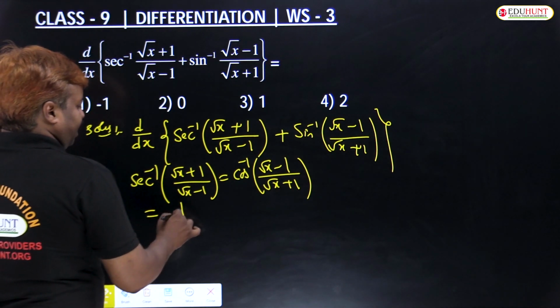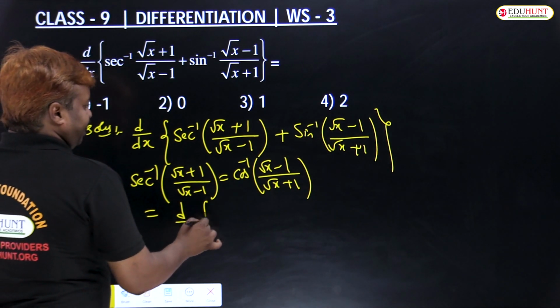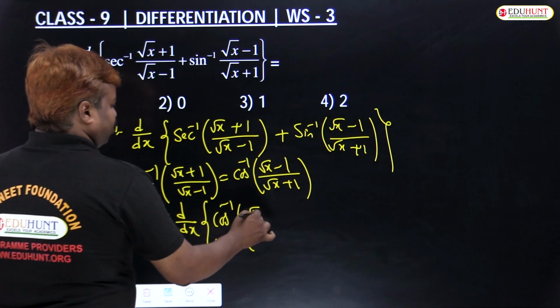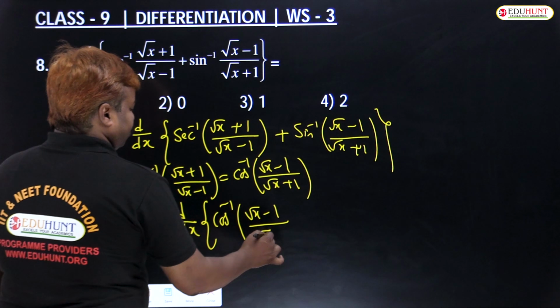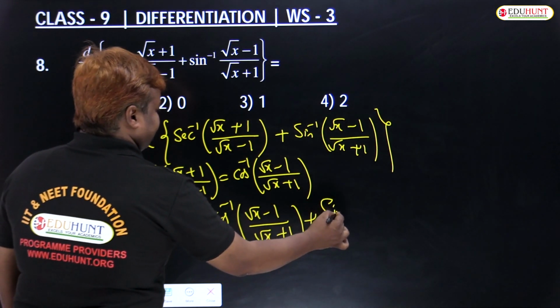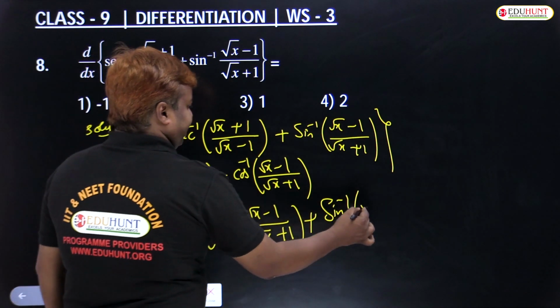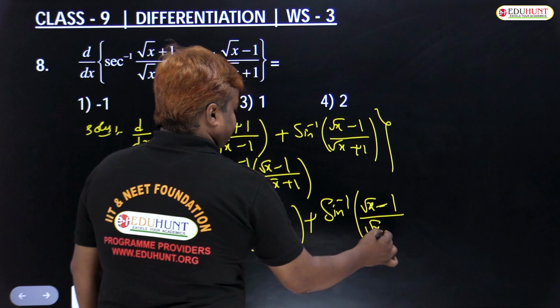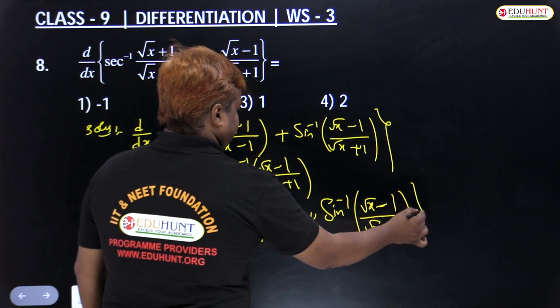So now I will write d by dx of cos inverse of root x minus 1 by root x plus 1 plus sin inverse of root x minus 1 by root x plus 1.